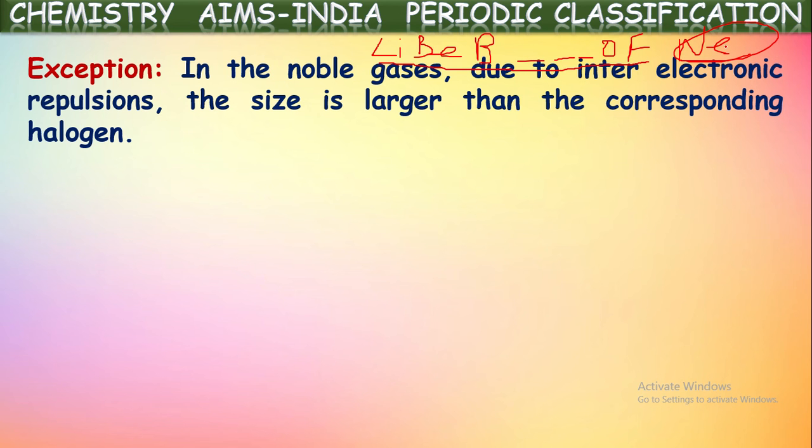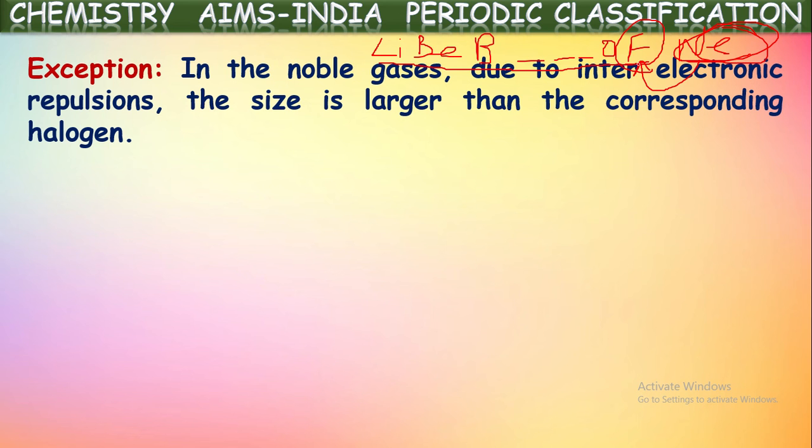So because of this completely filled electronic configuration, some repulsions occur in the outermost shell, so size of those atoms increases a little. So these eighth group elements will be having a little greater size than before element, that is halogen.